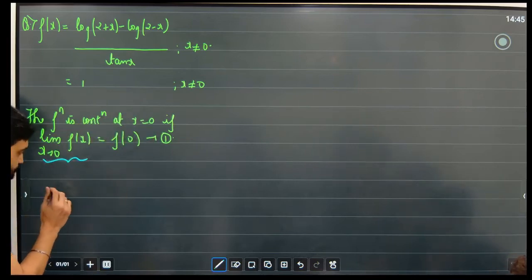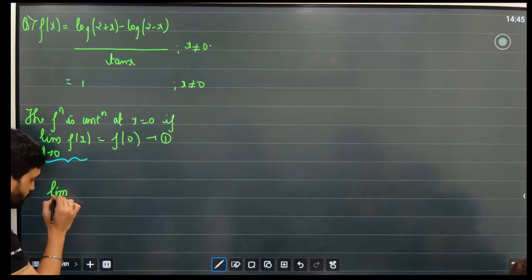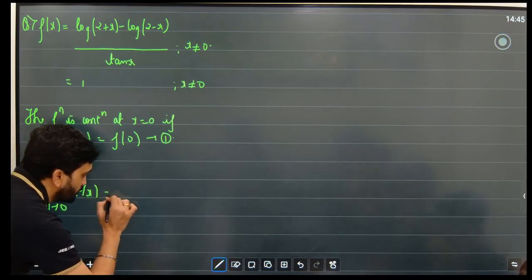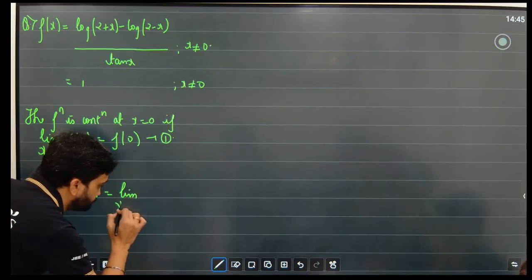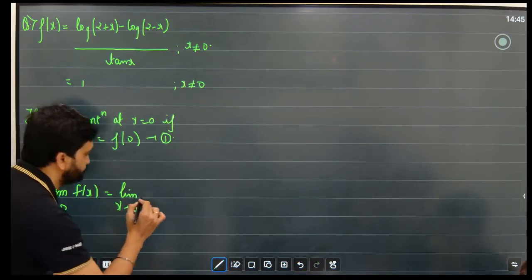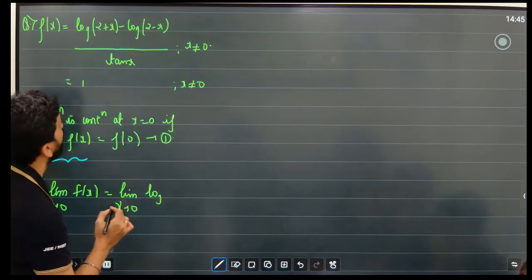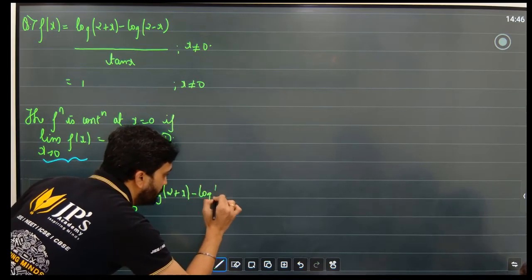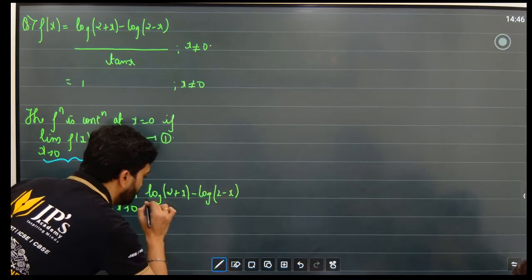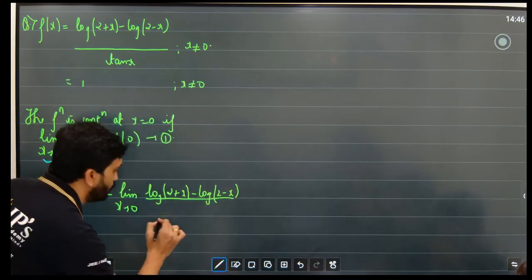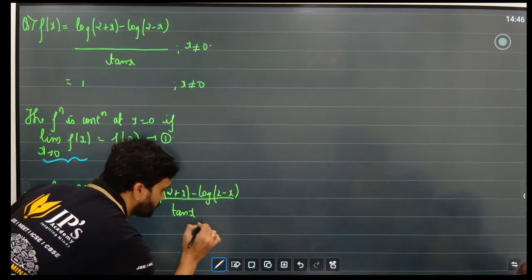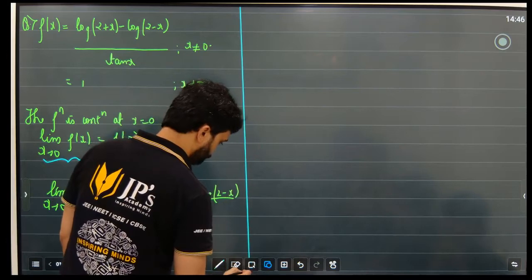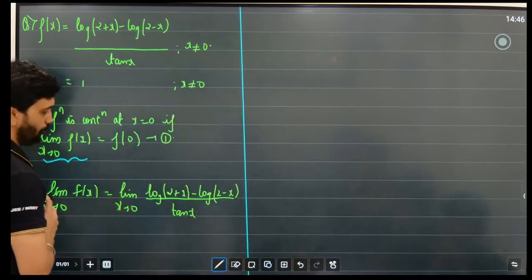Now I'll take the left hand side. So I'll write limit x tends to 0 f of x is equal to limit x tends to 0 of log of 2 plus x minus log of 2 minus x, the whole upon tan x.